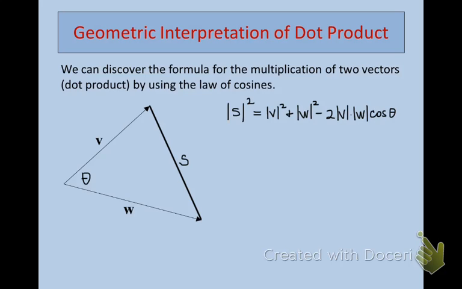Okay. Where do you think I need to go with this? What is s? s is actually just the addition of v plus w, yeah? And I probably could have just written that in the first step.